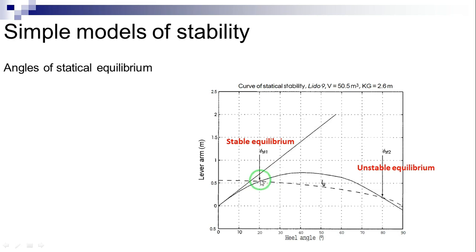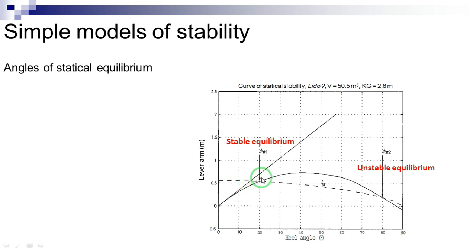Conversely, if the perturbation causes the ship to heel toward port to an angle phi st1 minus delta phi, when the perturbation ceases, the righting arm is smaller than the heeling arm, so that the ship returns toward the initial position phi st1.